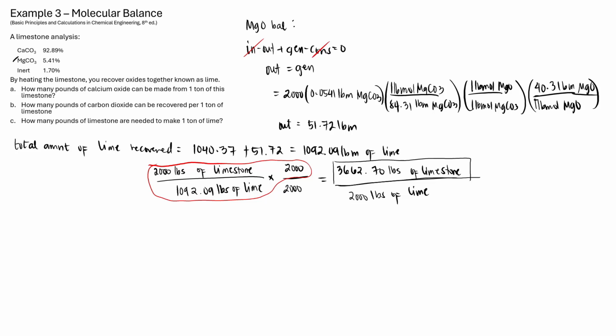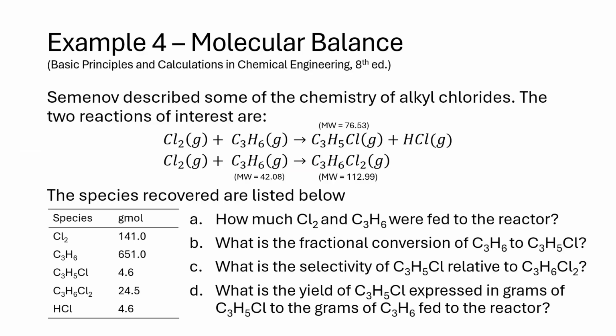Let's go to the next example. This one is from Basic Principles and Calculations in Chemical Engineering by Himmelblau. Semenov describes some of the chemistry of alkyl chlorides, and the 2 reactions of interest are shown below.